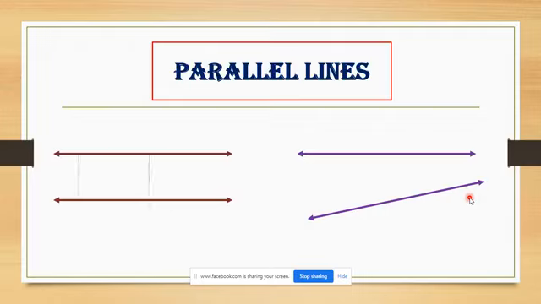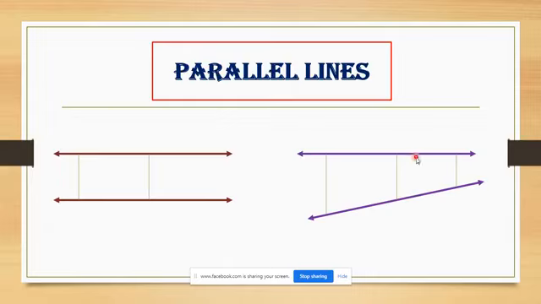See, the distance between these two lines is the same and the distance between these two lines is not the same. So we can say what are parallel lines? If the distance between two given lines is the same, they are parallel, and if the distance is not the same, they are not parallel lines, they are intersecting lines.